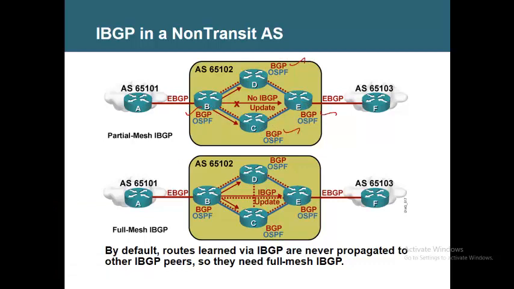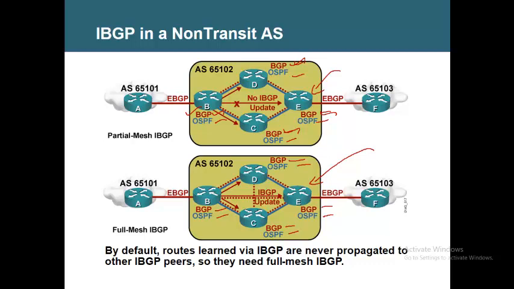But when you run it, how should you run it? You see, in all these 4 routers, we have BGP and OSPF. Even here, in all these 4 routers, BGP and OSPF. What is the difference? The difference is, here we are running BGP on all 4 routers, and here also we are running BGP on all 4 routers.